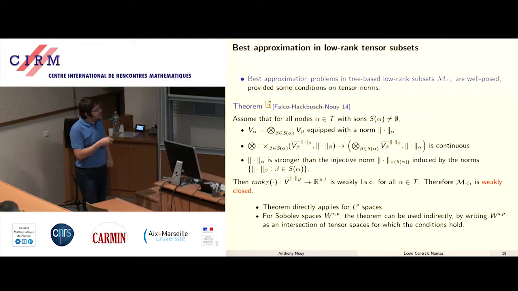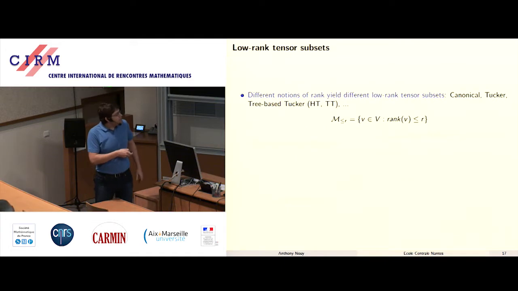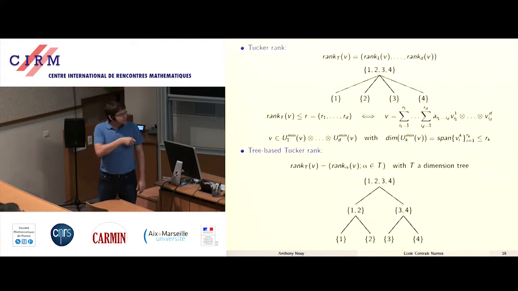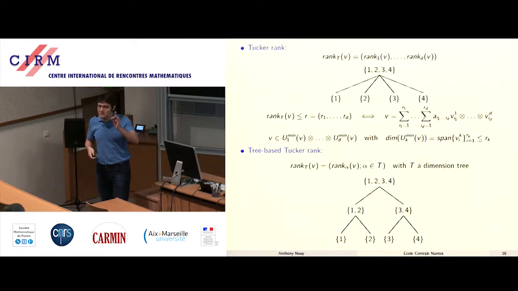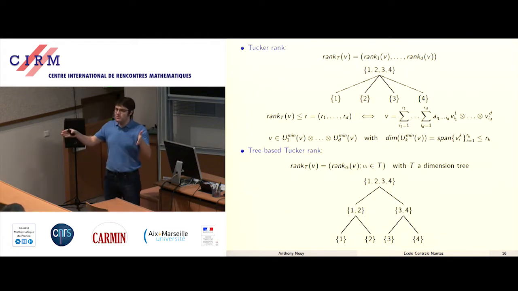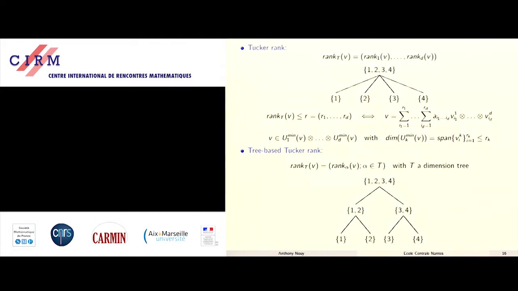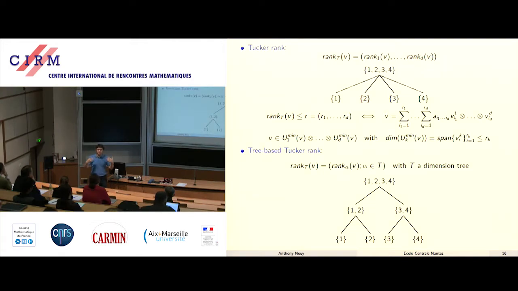More precisely, in the tree, you have to associate a topology with each of the tensor spaces you have introduced here, V_{1,2}, V_{3,4}, etc. And that's why I said that in fact the basic definition of a tensor space, which is an algebraic space that you complete with a norm, is not precise enough. You have to specify in this completion what is the topological structure you have given all along the tree of dimensions.